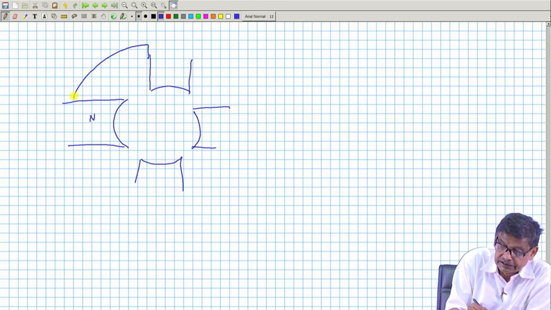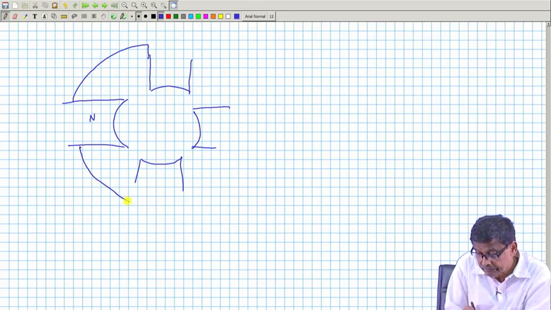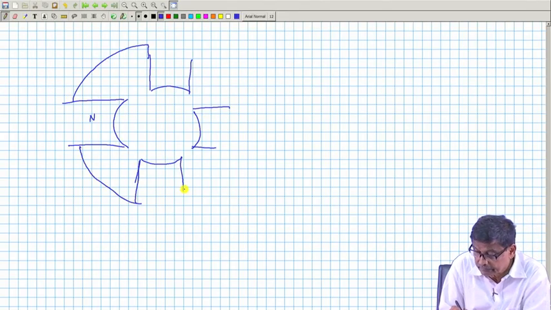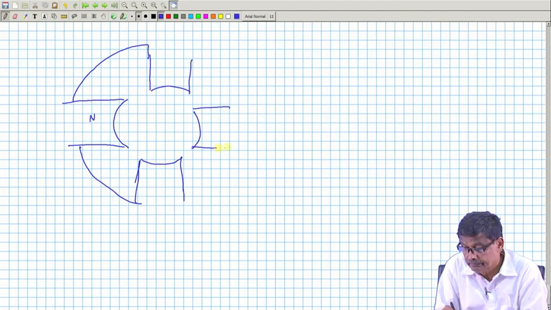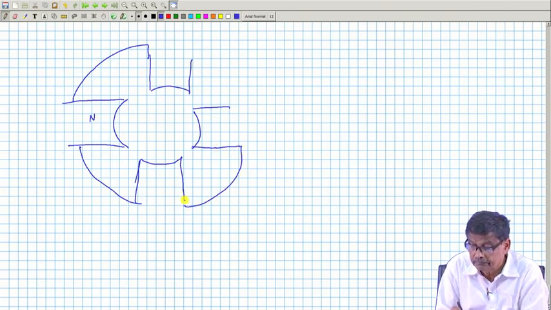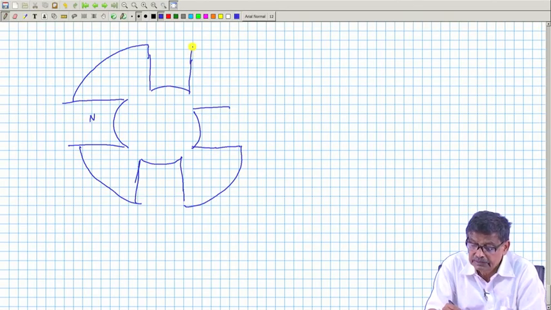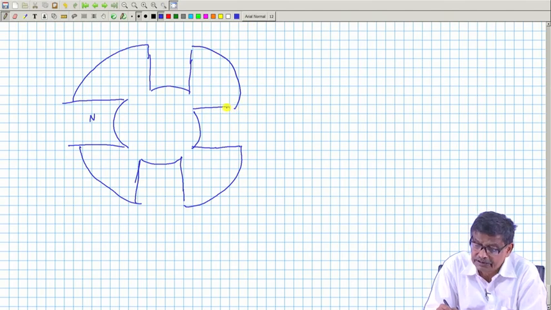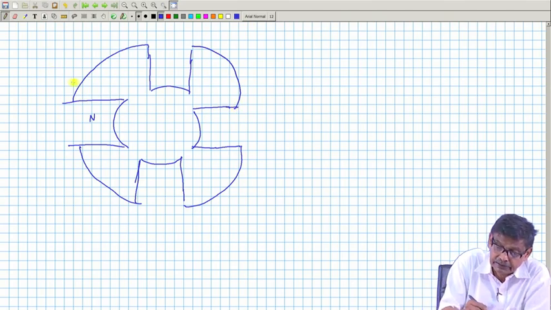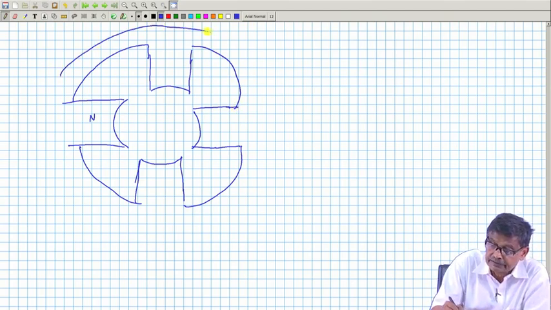This is your stator. I mean not very nicely drawn, but it will give you the idea, and this is the stator iron.